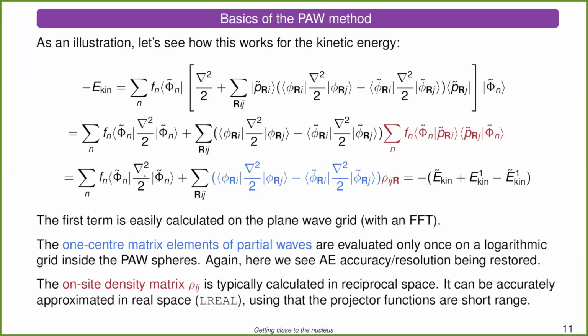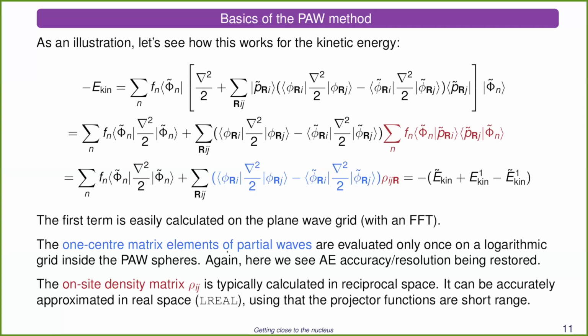And now you see we have a plane wave contribution and two one-center contributions. This is again the shorthand that you do. For the first term, you can very easily calculate it with the Fourier transform. If you do that, you actually have that this Nabla operator is diagonal in the Fourier space. So that is very quickly done.